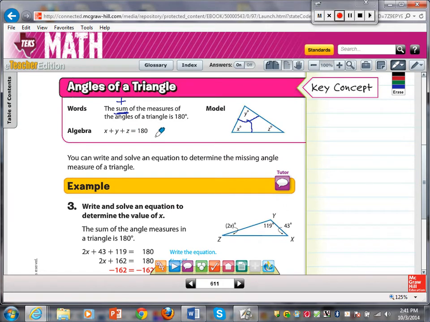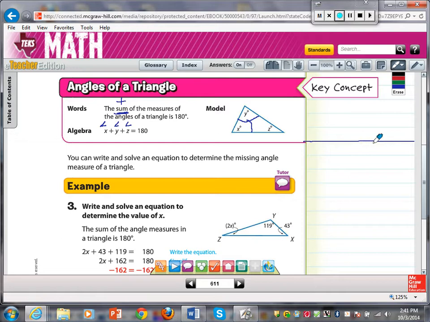Now the symbol for angle from now on is going to be the little symbol for angle. Angle X, angle Y, angle Z. So if you add them all, you have to have 180 degrees. And the concept behind it is that since I drew these little lines here, if you were to take them apart, they form a straight line. So I'm going to draw a straight line here.